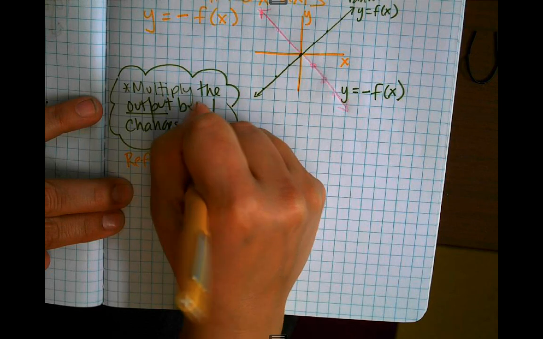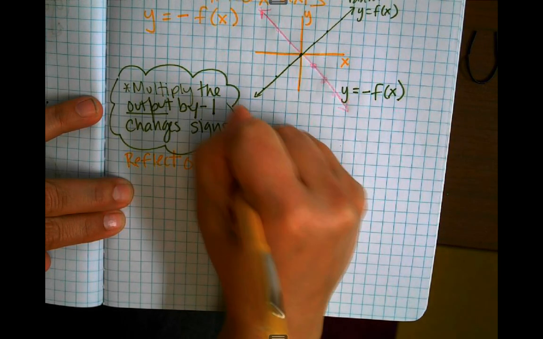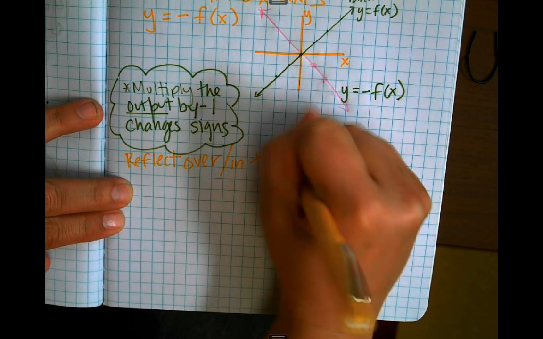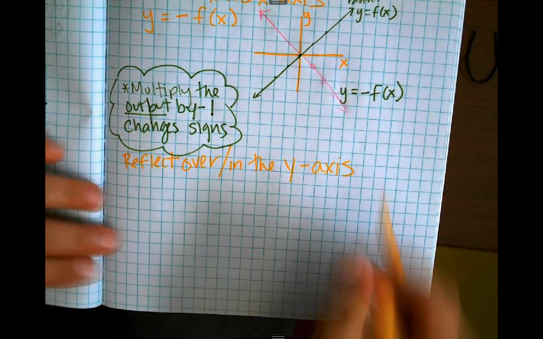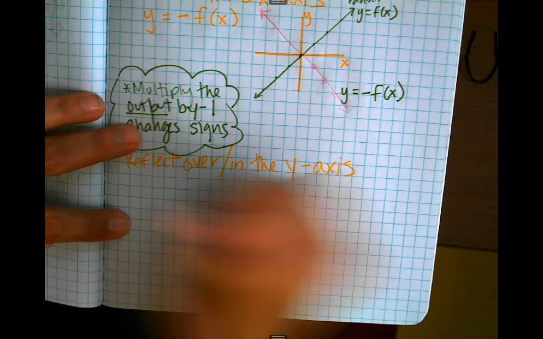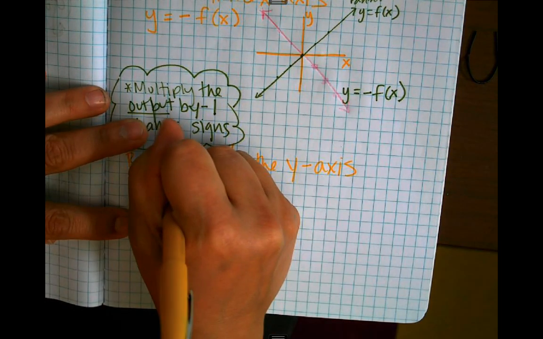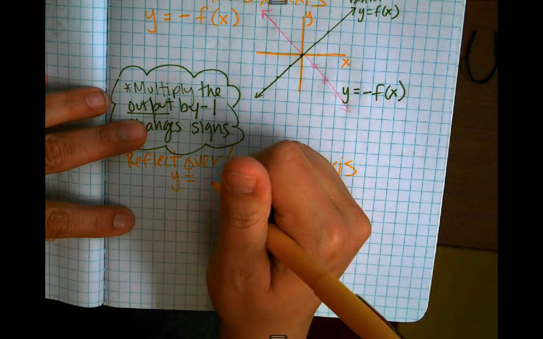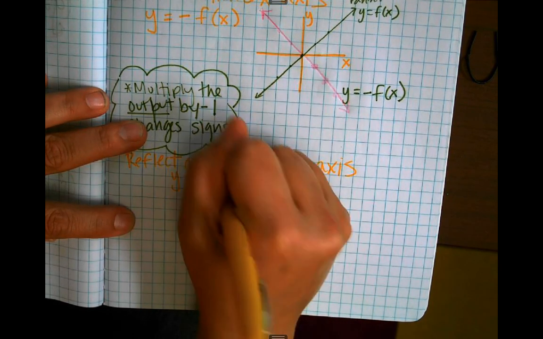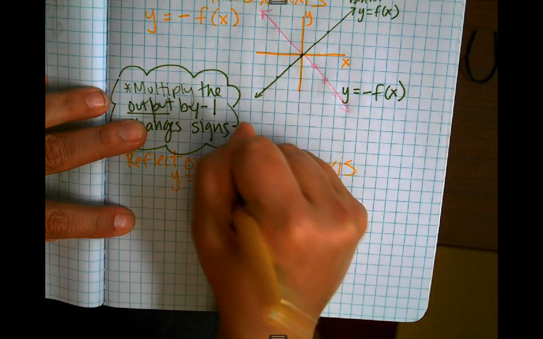If I'm going to reflect over or in, the y-axis, instead of the negative being outside here, the negative is inside. So it would be y equals f of negative x.